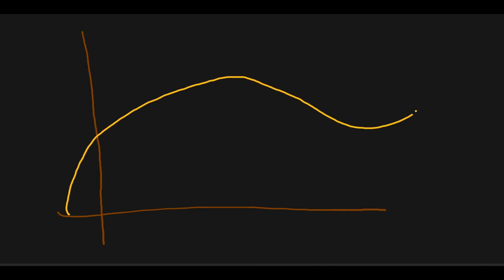We will start with the Cartesian plane, and in the Cartesian plane we have the x and y axes, and for example we have here a function, any function. Let's say this function is y equal to f of x. In this function we have a line.